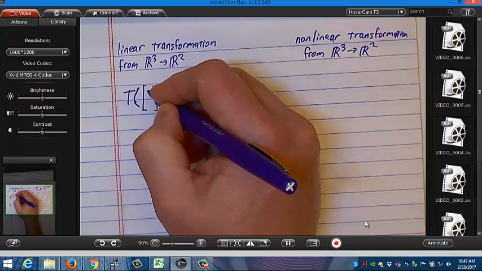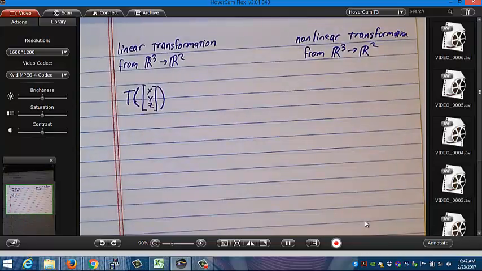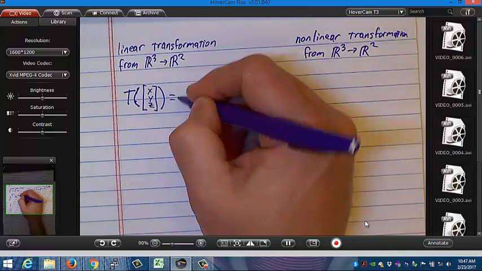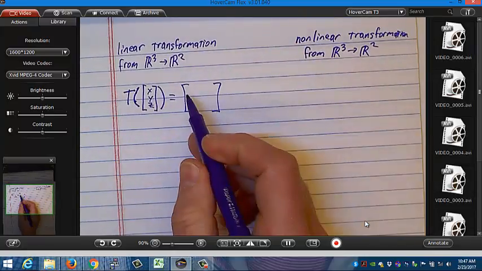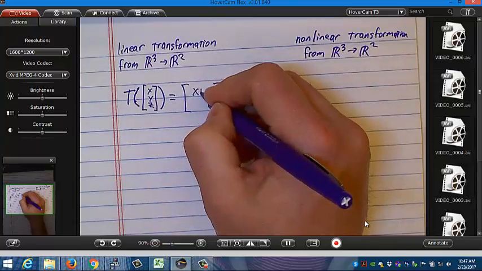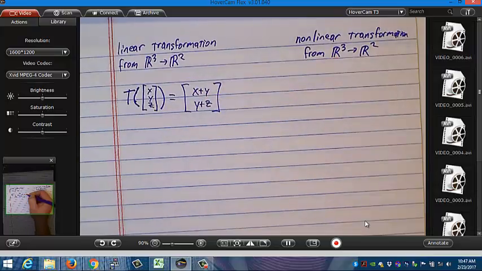So how about X, Y, Z. T of X, Y, Z equals, and now I need to give you something in R2. So the first coordinate, let's make it X plus Y, and the second coordinate Y plus Z. It turns out that that is a linear transformation. And you could check the two rules. That'd be a good exercise. Check that this is a linear transformation.